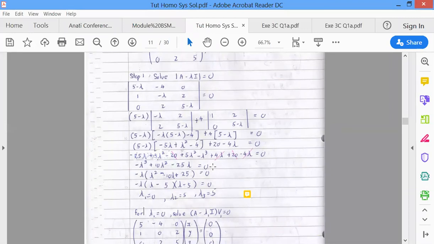If you use a scientific calculator, it may give you only 2 roots because you have one repeated root. So how do you determine whether the repeated root is 0 or 5?